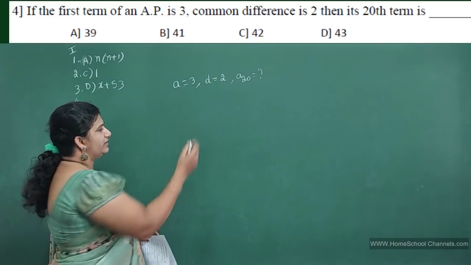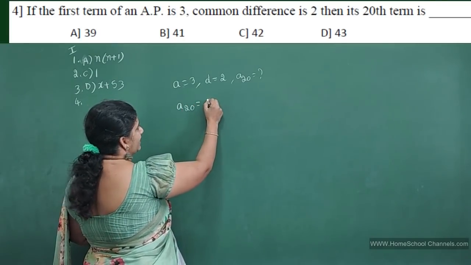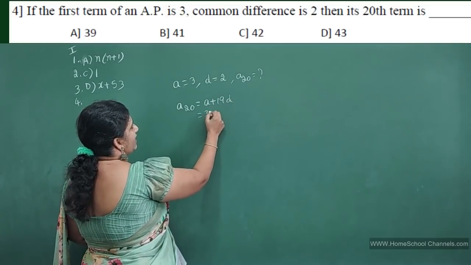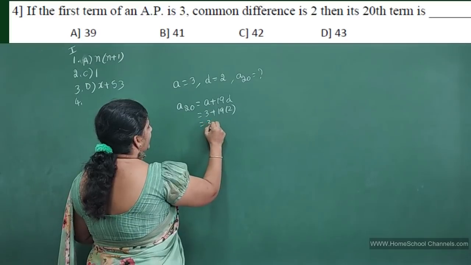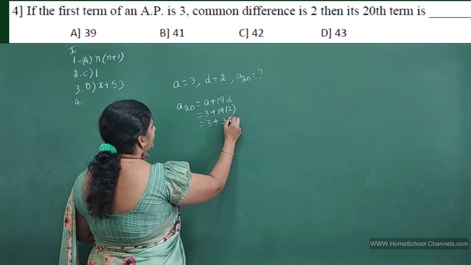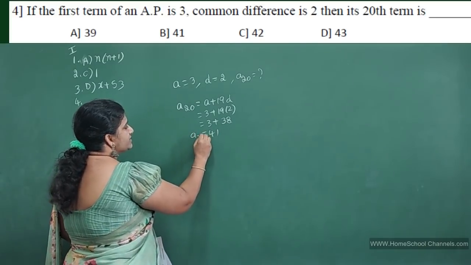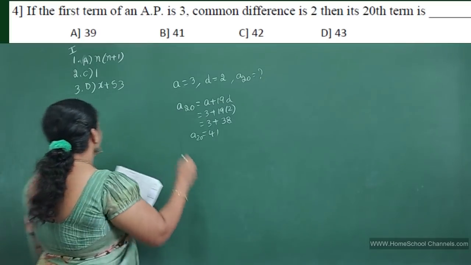In the same manner, if you want you can write the formula or directly write in general form: a plus 19d. A value is 3, d value is 2. 3 plus 19 2s are 38. 38 plus 3 will be 41. What is the 20th term? 41. Check for the option. Option B.